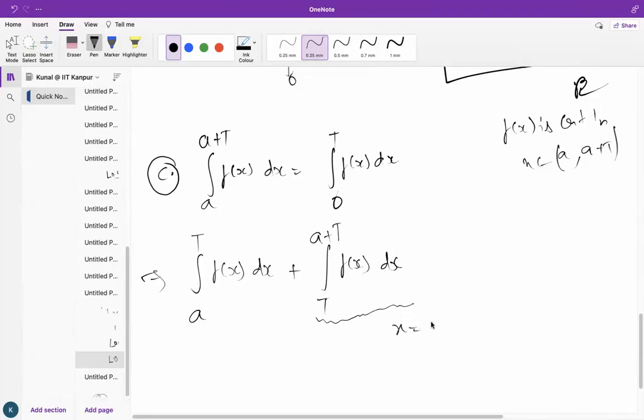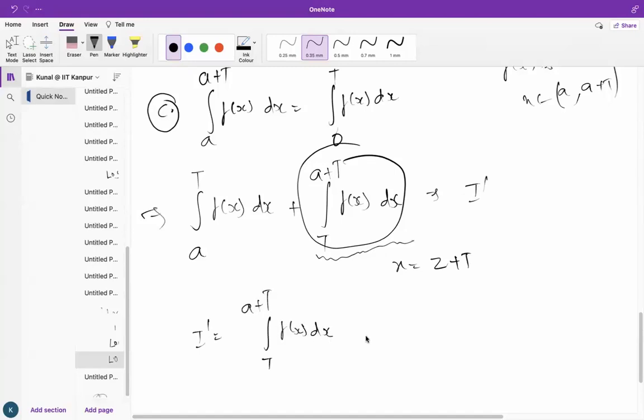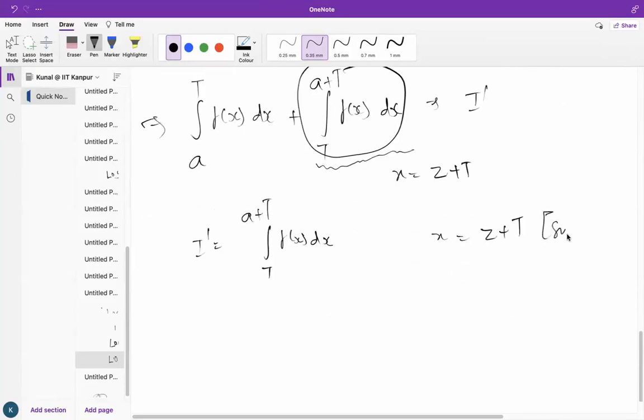Now, what I have to do here is substitute in this part x is equal to z plus t, right? So let this part of integration be I dash. Our I dash is equal to integrating from t to a plus t, f of x dx. And now I substitute x is equal to z plus t. This is our substitution.